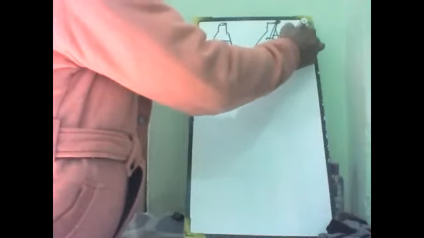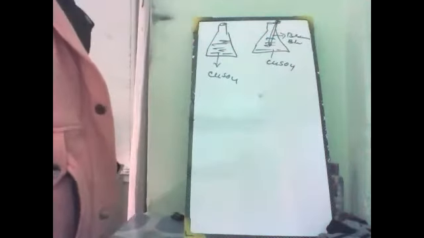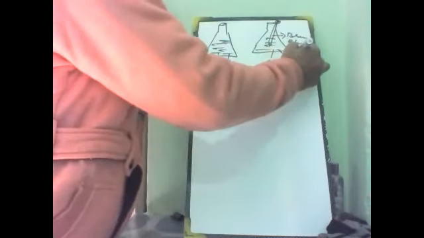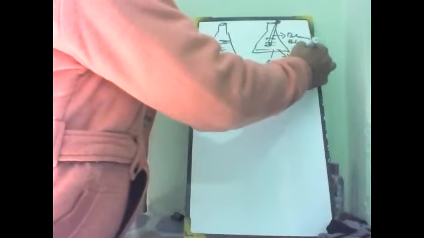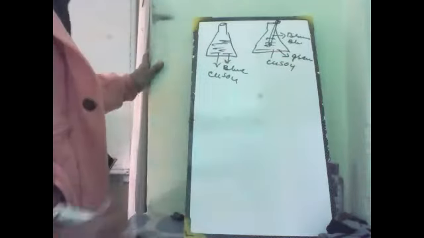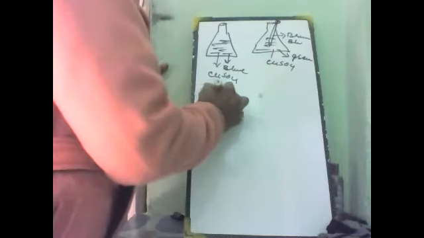After some time, we will find that the iron nail becomes brownish, and the blue color of copper sulfate solution fades to green color because of displacement of copper from the copper sulfate.